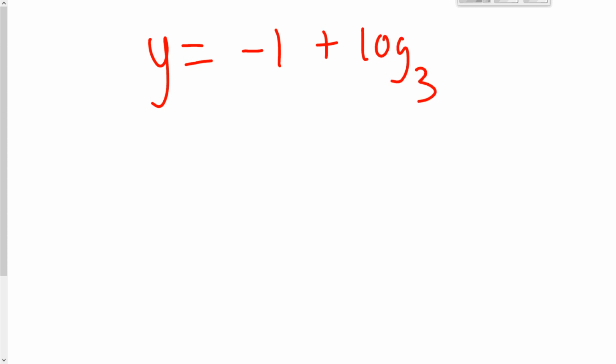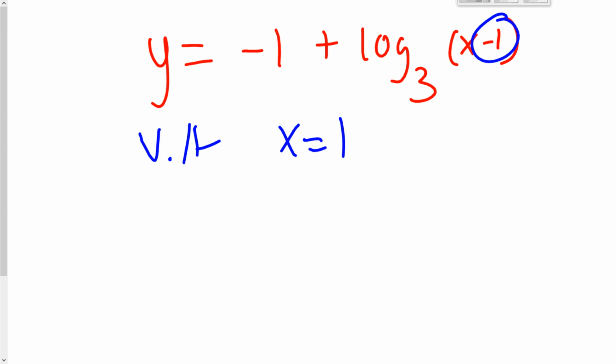Another way to do it is to look at something like this. So let's say y equals negative 1 plus log base, we'll stick with 3, of x minus 1. Okay? So here we can do the same thing with our vertical asymptote, always the opposite of this, x equals h.